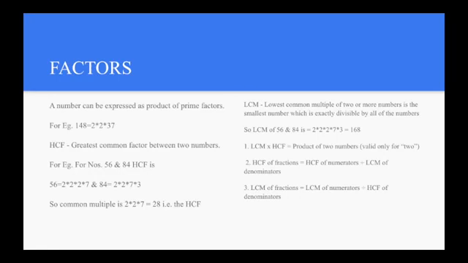So I have taken 2 to the power 3. 7 power 1 is available in 56 and 7 power 1 is available in 84 also, so I have taken one 7. 3 power 0 is available in 56 and 3 power 1 is available in 84, so I have taken 3.